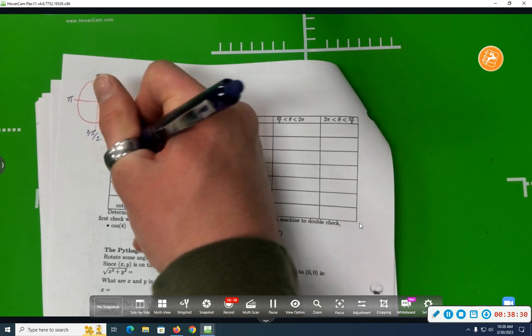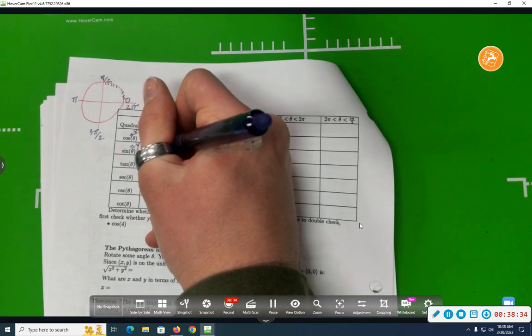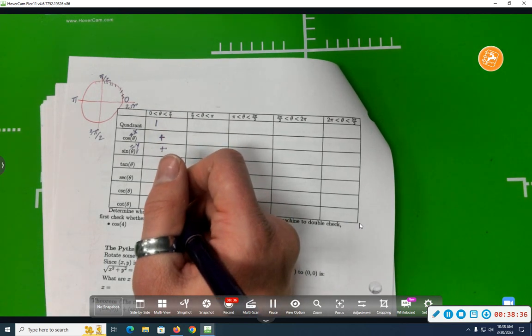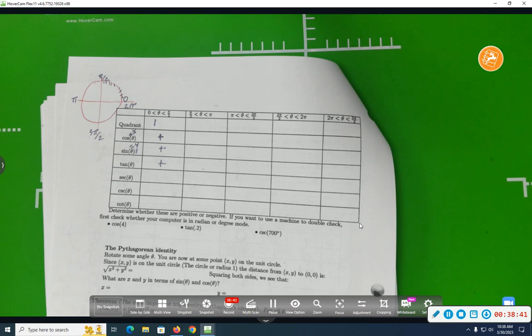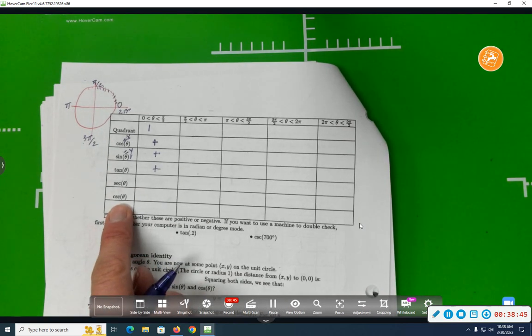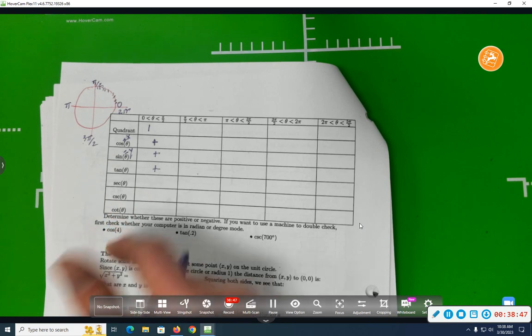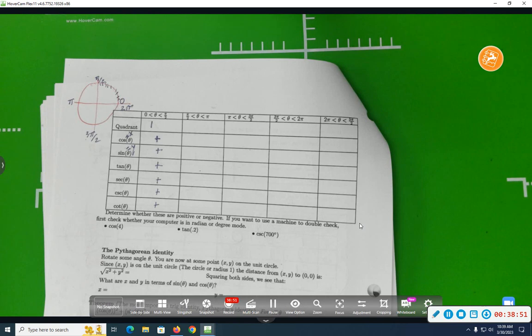What about sine? Also positive. How about tangent? How about the rest of them? All positive. Secant will be 1 over cosine, positive. 1 over positive is positive. Positive over positive is positive. So in quadrant 1, all of the trig functions are positive.